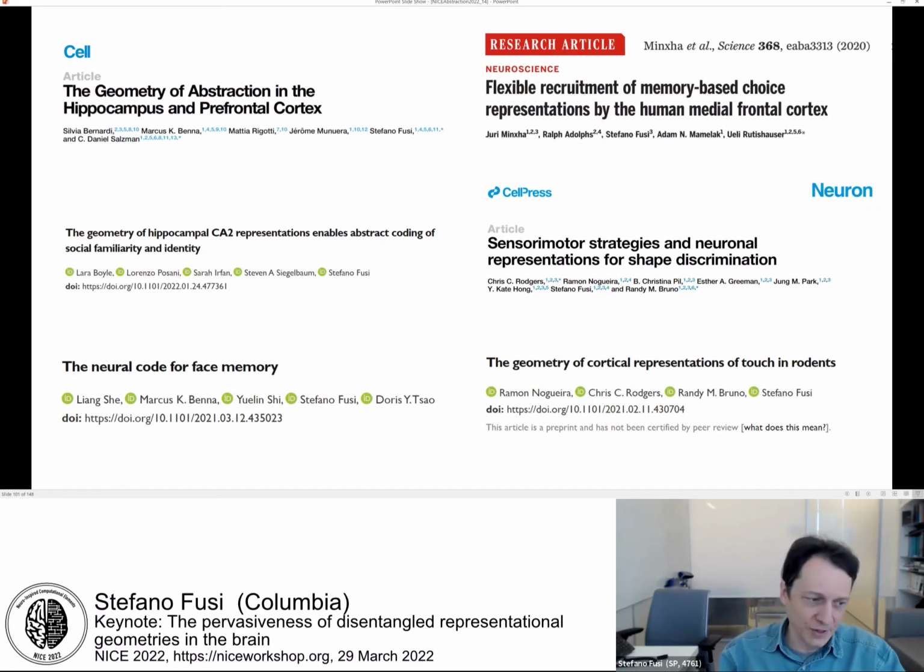Again, this is because the representations are highly distributed, and this is true both in the real brain and in artificial neural networks, in deep networks, for instance. This kind of ablation studies actually have been done first in the machine learning community, and they show very similar things.